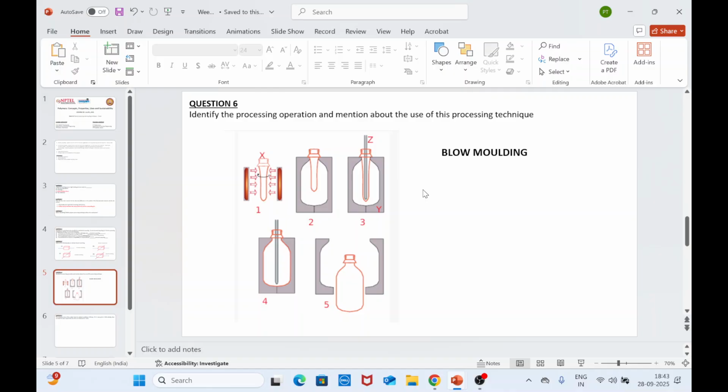It gets the name because of step 4, where you blow the air or gas so that the polymer conformally sits on, or gets attached to, the surface of the mold. After that, the product is cooled and solidified, and then it is ejected from the mold. That's what you see in sequence number 5. So mention the use of this process, like what kind of plastic products you can obtain using this blow molding technique.